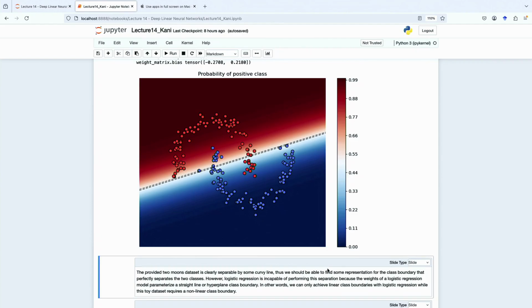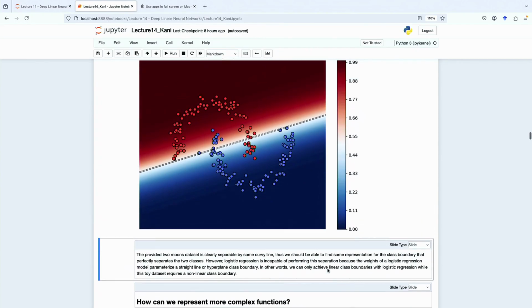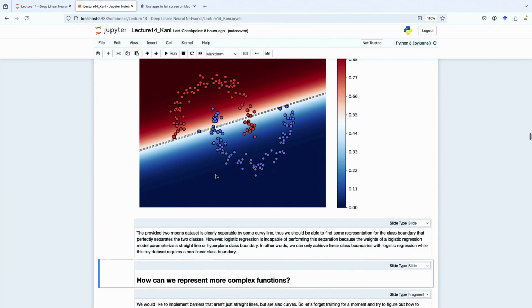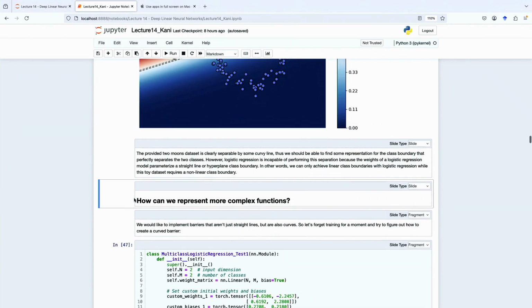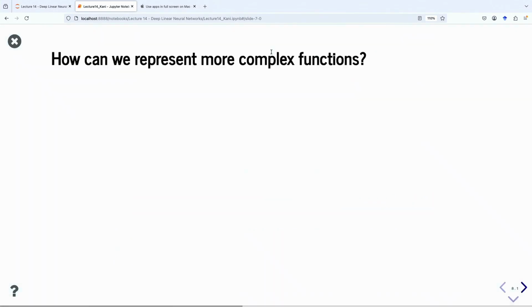So what do we do? Well, what if we have more lines? What if we have more separations and then we add them together? That's the idea behind multi-layer networks. And that's what we're going to do next. So let's try that. Let's go back into slide mode.